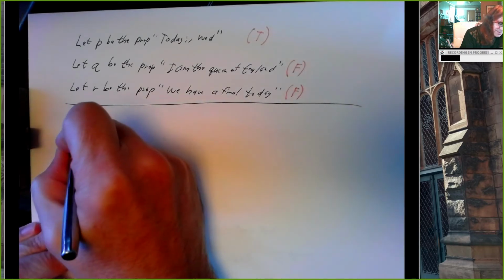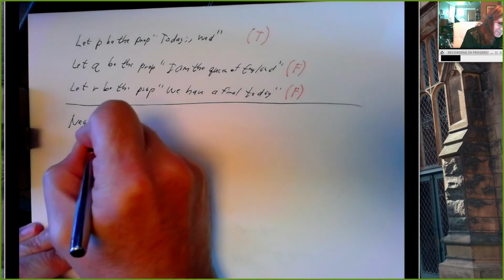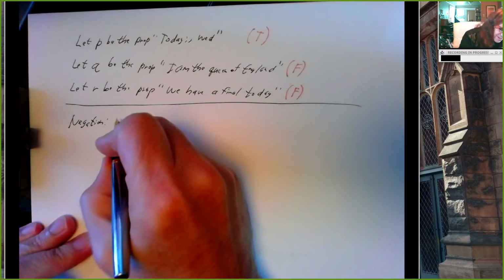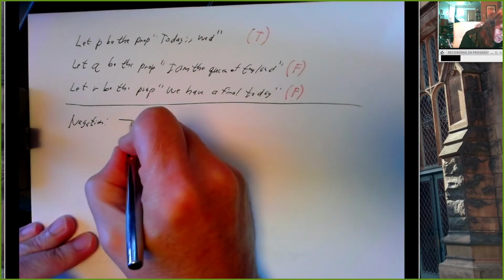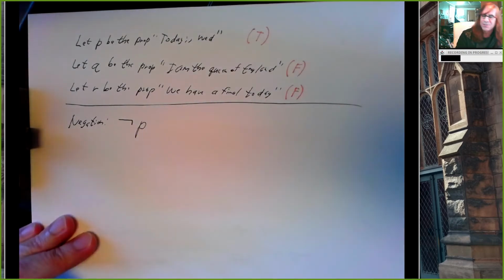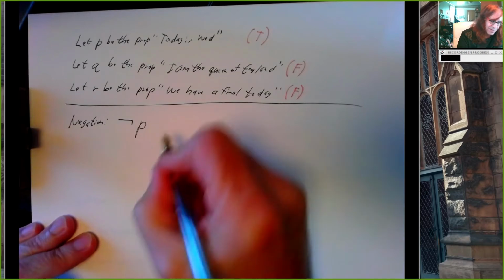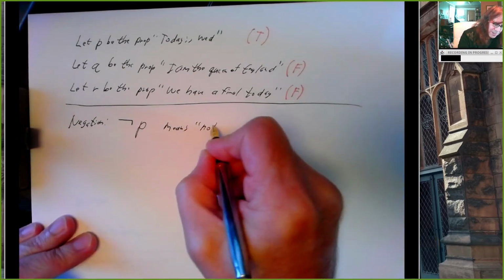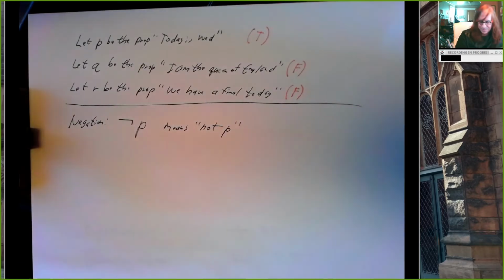The first one is called negation. And we negate a proposition by putting this funny little symbol, a horizontal bar with a little hook on it, followed by a proposition. And this means not whatever that proposition is, the negation, or maybe in some sense the opposite of that proposition.